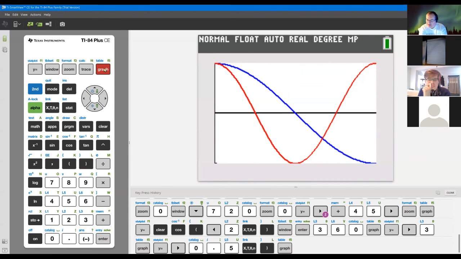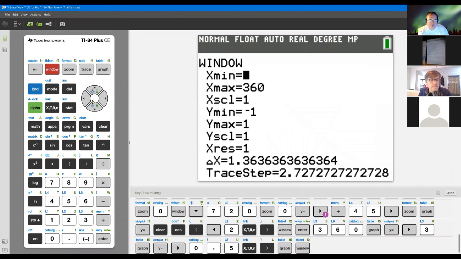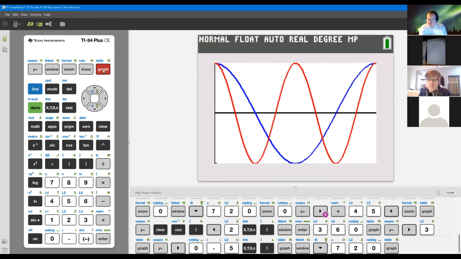Do you see the blue guy is only showing you that much? So I'm going to open the window to 2 cycles of a normal cosine. And what you'll see is the normal red cosine gets to do 2 cycles, and this poor guy only takes 1.